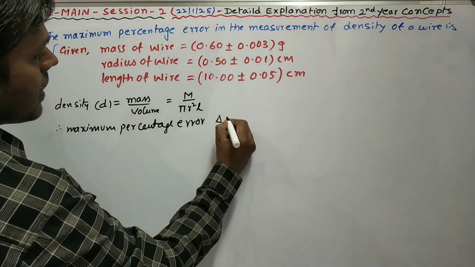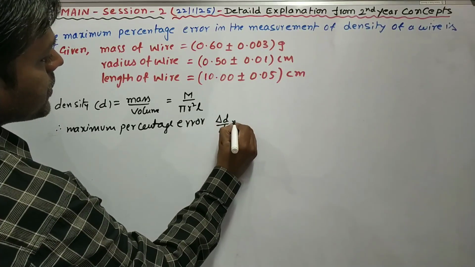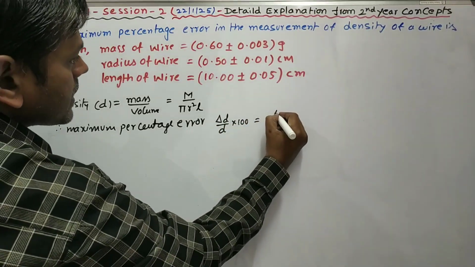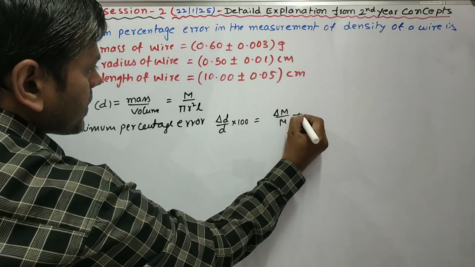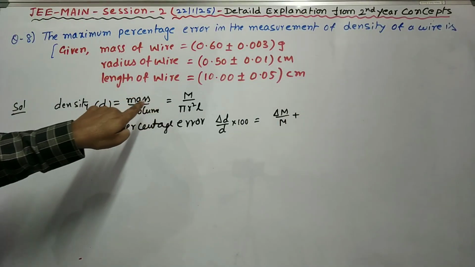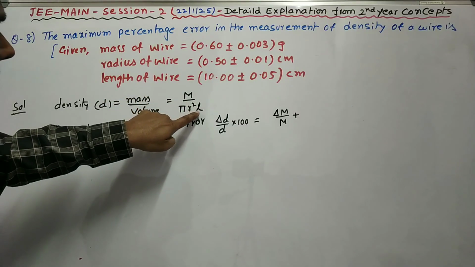Delta D by D into 100 is equal to delta M by M plus, you know, density depends on mass, radius, and length.